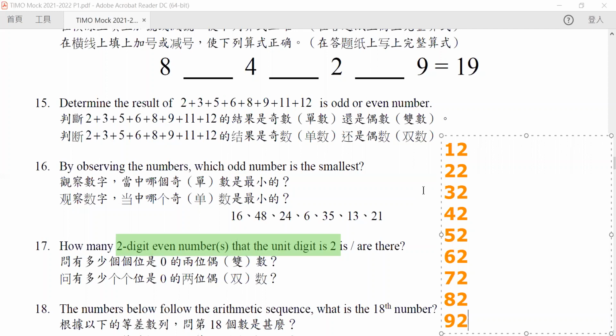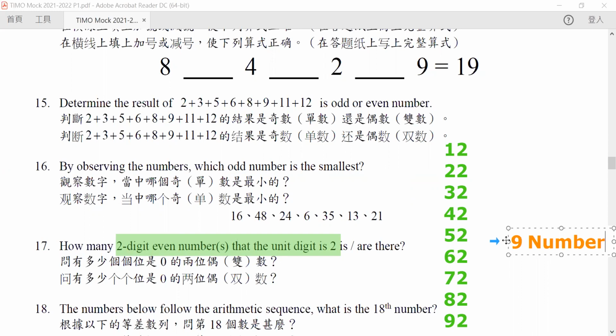So how many numbers are there here? There are 9 numbers, right? Again, I would like to stress that counting is the basis of many mathematical theories, and please do not take counting lightly.